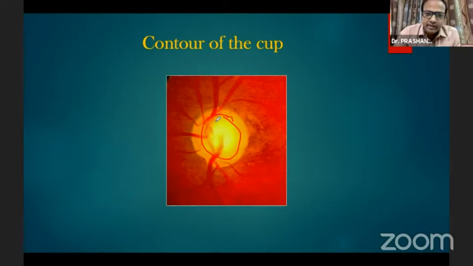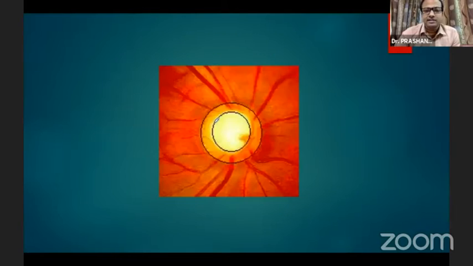The actual cup area is determined by the area where vessels are bending. So we have to draw a contour line determined by the bending of vessels. Like in this picture, we see the pallor is going beyond the area of cupping. So drawing a contour line will be helpful to determine the actual area of the cupping.